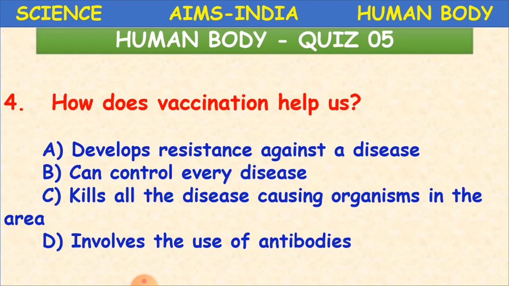How is it going to help us? And the answer is develops resistance against a disease. If we have the vaccine, even though we are getting the disease, it is going to develop the immune system. It is going to resist against the disease so that we don't get the disease. Clear, children? Okay.